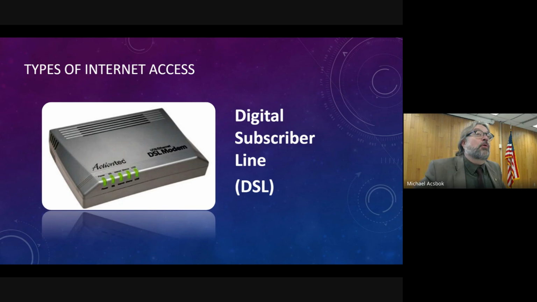So that was still over the phone line. But what they did is they put a box on either side, and this box would compress the information into a much smaller size, then send it through the phone line, and then the box on the other side would uncompress it. So that effectively increased the speed of the internet over the telephone lines.